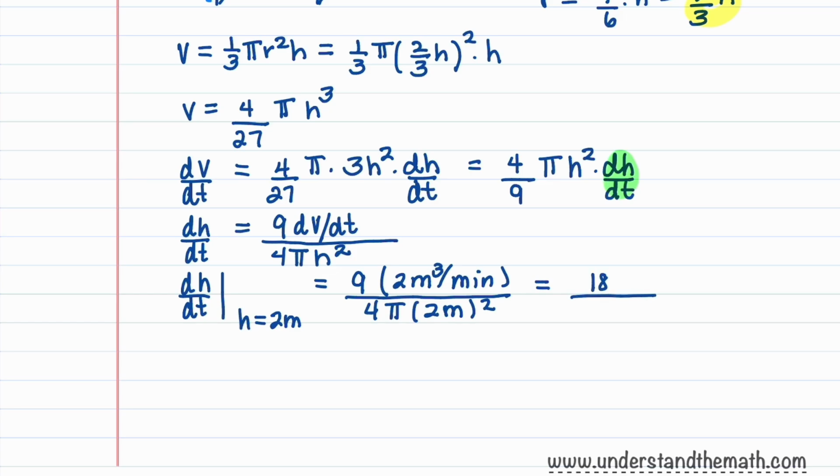In our denominator, we have 2 squared, which is 4, times 4, which is 16, so we have 16 pi. Our units are meters per minute. We can divide both the numerator and the denominator by 2, so this is 9/8 pi meters per minute. This tells us that our water level is rising at a rate of 9/8 pi meters per minute.